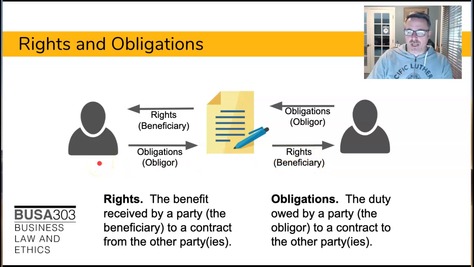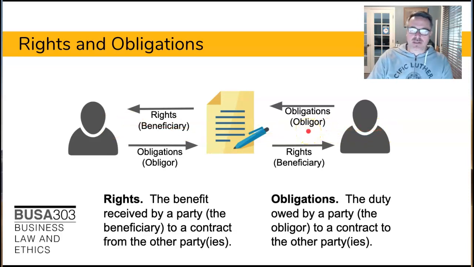In exchange, the borrower has an obligation to repay the loan. So the lender has the right to receive monthly payments in exchange for the obligation to lend money. So in this case, the right to receive the money is owned by the lender, and it's owed by the borrower, who's the obligor.